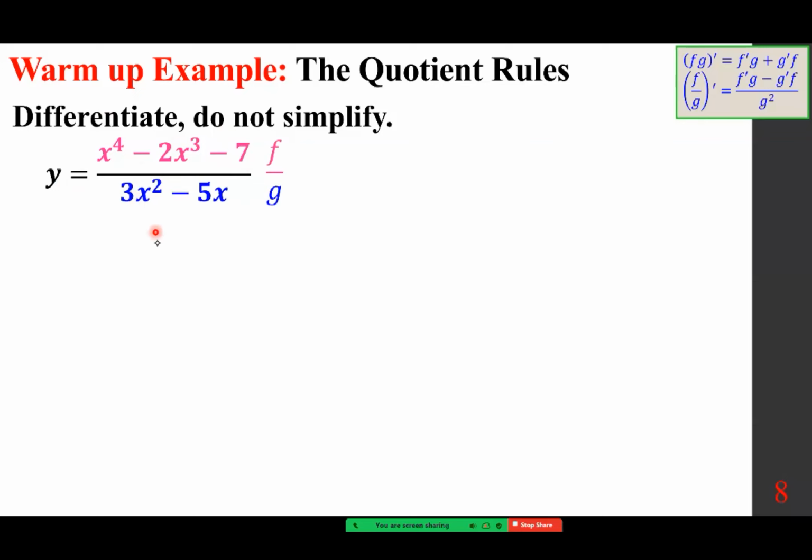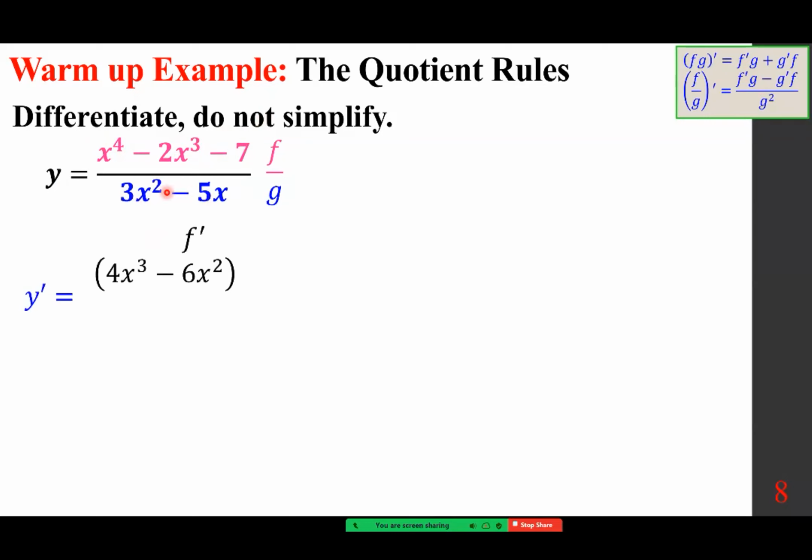So given this y, we want to differentiate using the quotient rule. First and foremost, f prime. So what is the derivative here? 4x cubed minus 6x squared, and this guy is 0. Okay. Then I need the g.